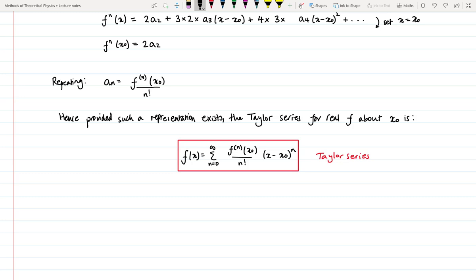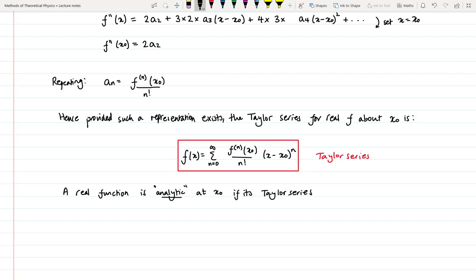There's a last bit of important terminology attached with this idea of expressing a function as a Taylor series. We say that a real function is analytic at the point x naught if its Taylor series, in other words, the power series given by the expression in this red box.